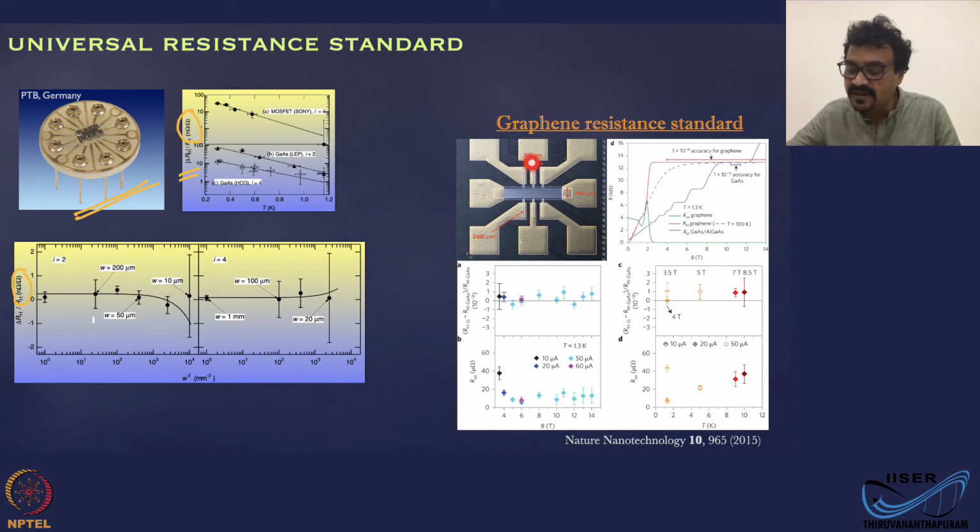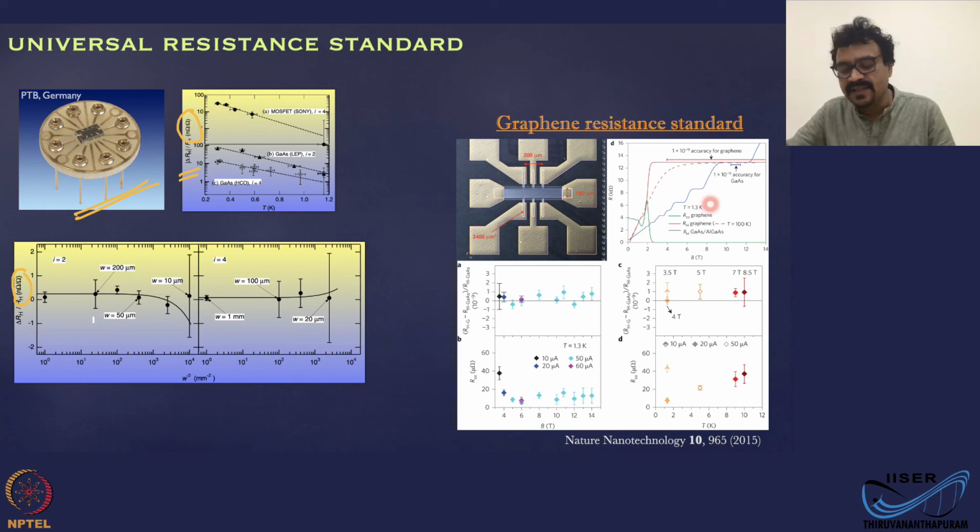This is one of the devices, and they also measured the error in this resistance for the graphene-based sample and compared it with that for gallium arsenide. So this is basically graphene resistance minus gallium arsenide resistance, normalized over the gallium arsenide resistance plateau. These are the plateaus observed in graphene, and they found that its accuracy is at the 9th place after the decimal.